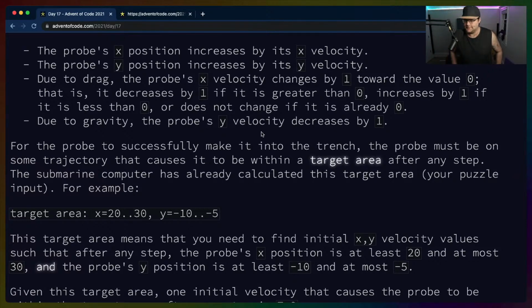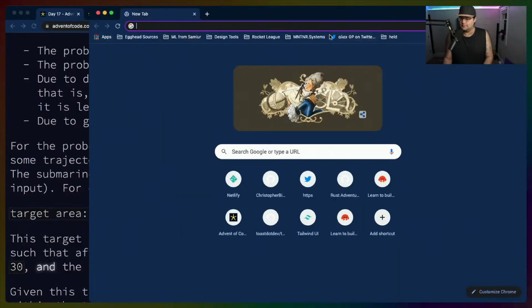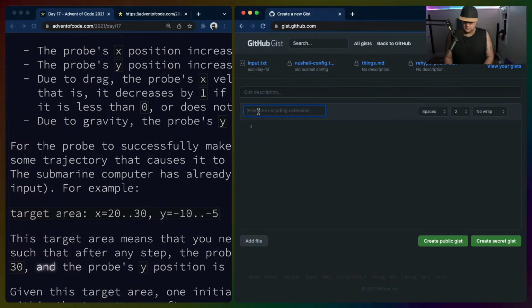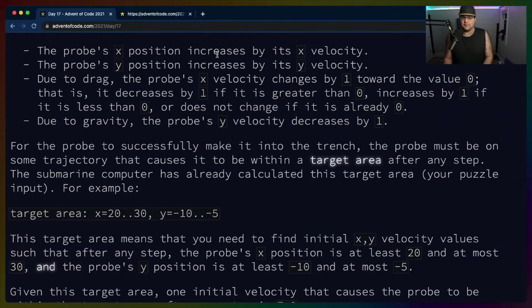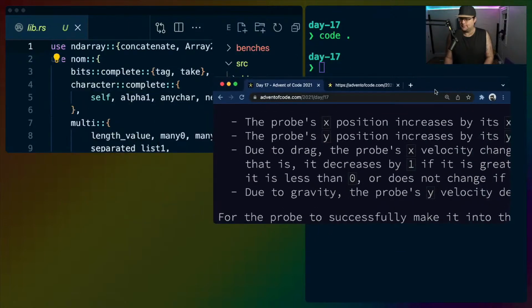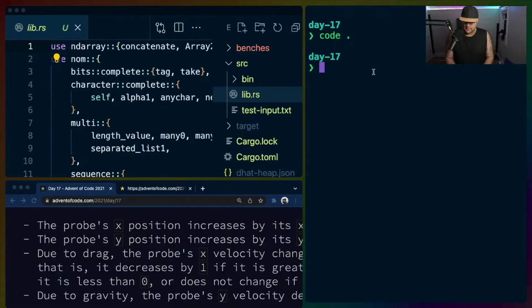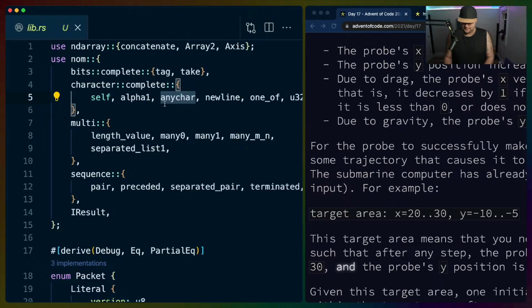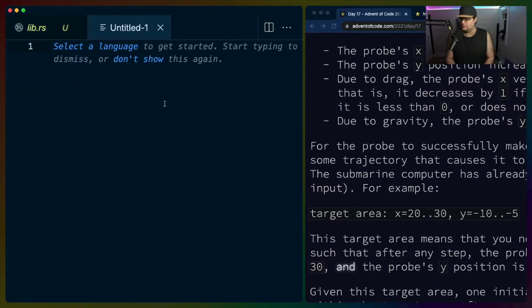So let me pull up something to write in. Actually, let me just pull this over to the editor page, and I'll just minimize the terminal for the moment. So what do we have?